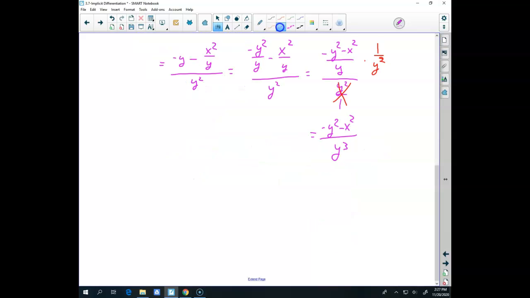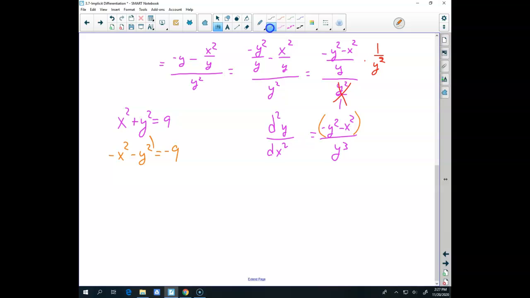Is that completely simplified? That is not completely simplified. Why not? Because in the very beginning, I knew x squared plus y squared equals 9. Okay, and I can make this one much simpler. This doesn't always happen, but if I focus right here on that numerator, well, isn't negative x squared minus y squared equal to negative 9?